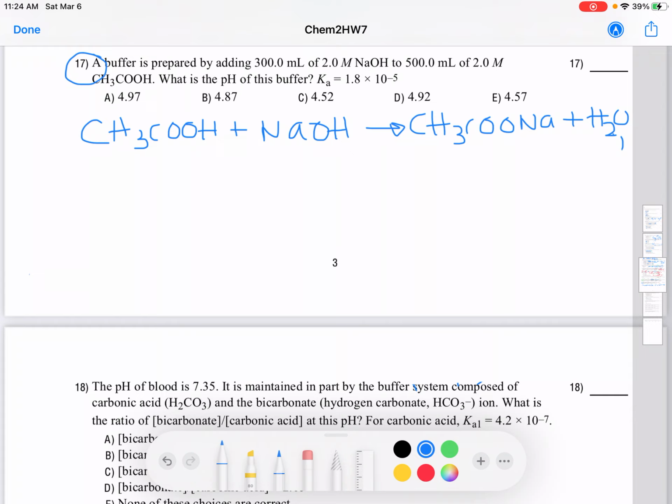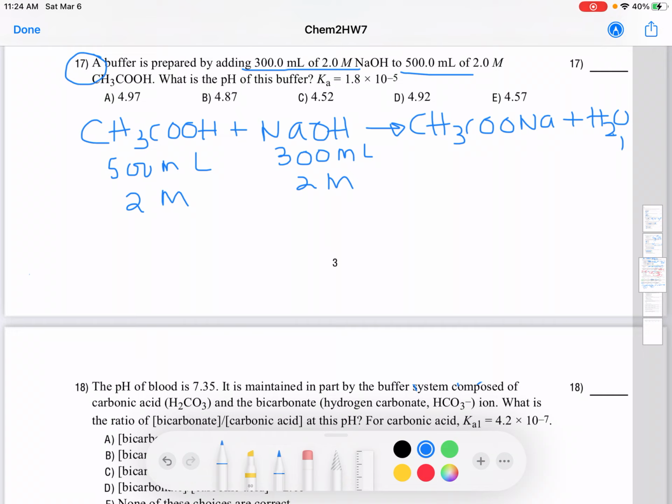And we are adding 300 milliliters of 2 molar sodium hydroxide to 500 milliliters of 2 molar acetic acid. What is the pH of this buffer?